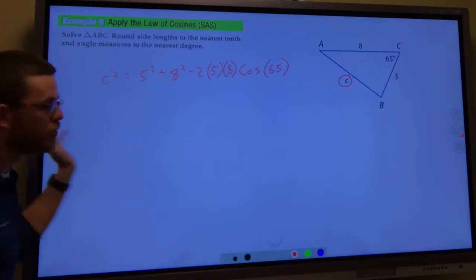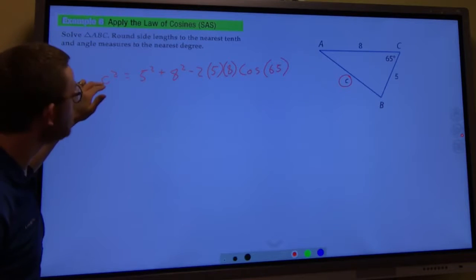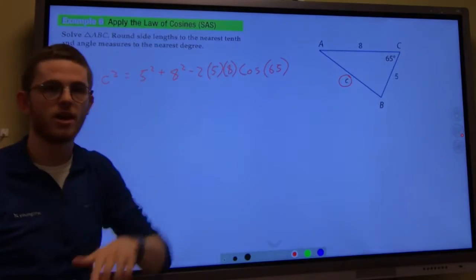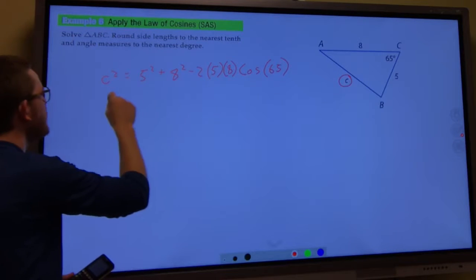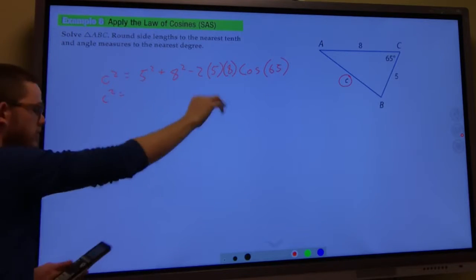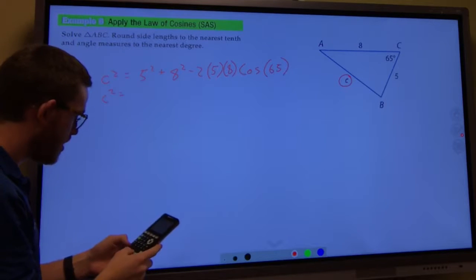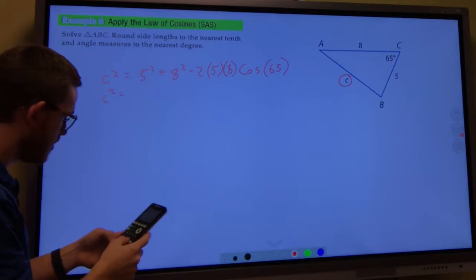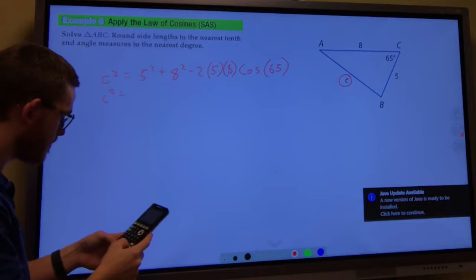Remember, when we're doing the law of cosines, if it's c squared over here, then it would be a squared, b squared, ab, and then the angle C filled in at the end. Notice how all of these are just values, so we can type this into a calculator exactly as it looks. 5 squared plus 8 squared minus 2 times 5 times 8 times cosine of 65.